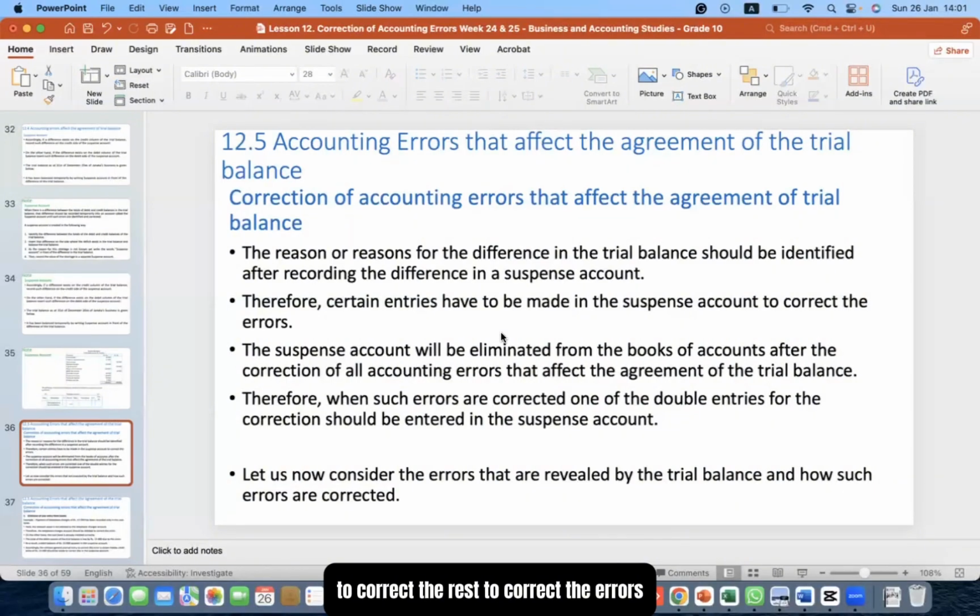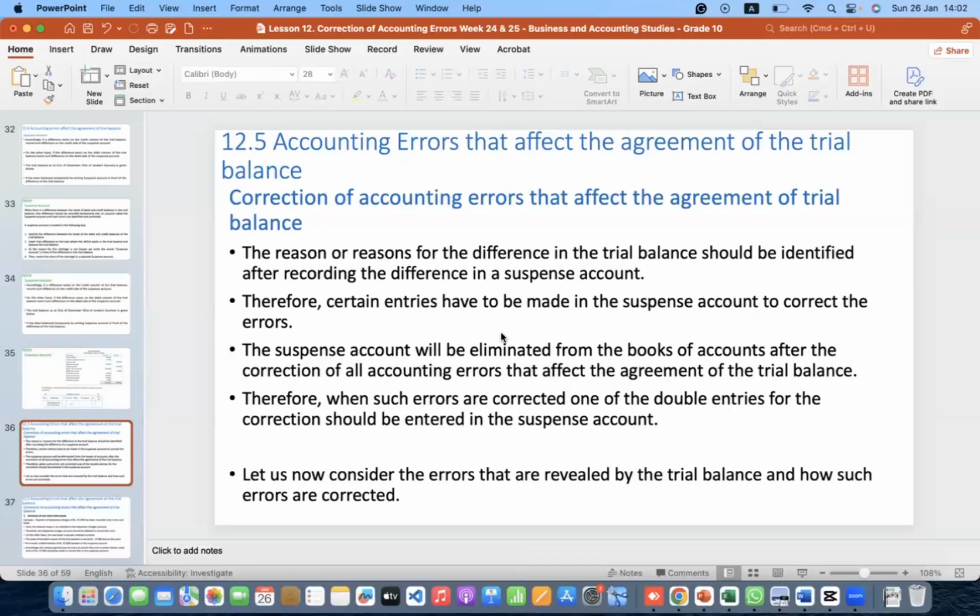The suspense account will be eliminated from the books of account after correction of all the accounting errors that affect the agreement of the trial balance. Therefore, when such errors are corrected, one of the double entries of the correction should be entered to the suspense account. Okay, let us now consider the errors that are revealed by the trial balance and how such errors are corrected.